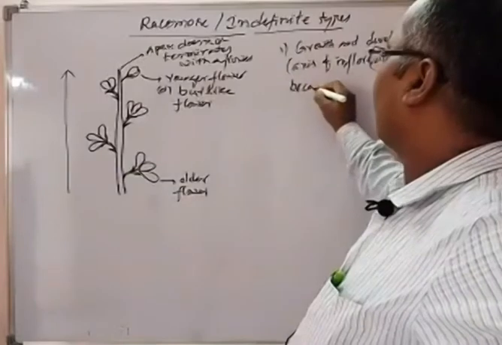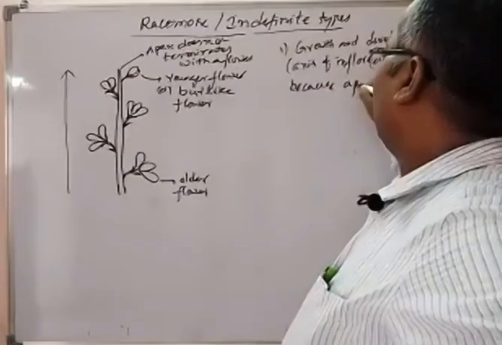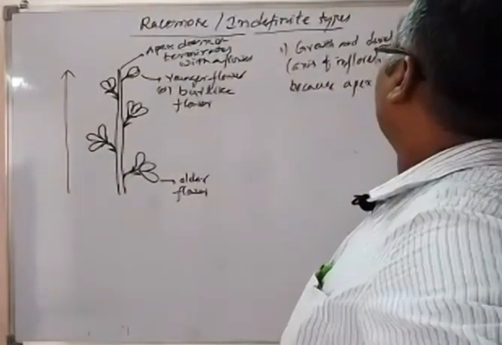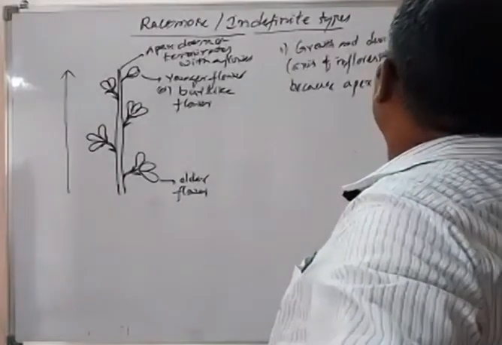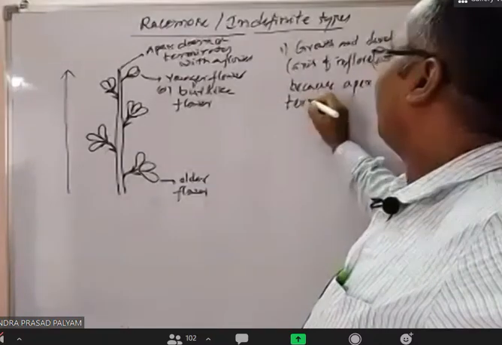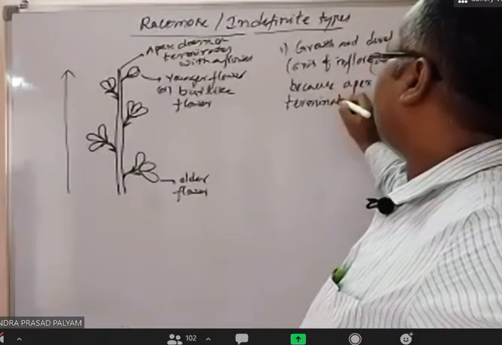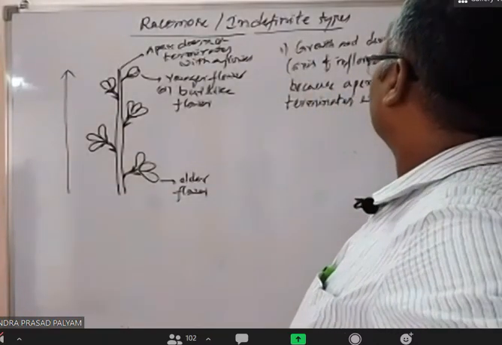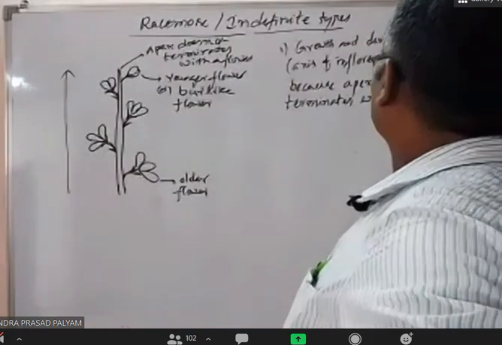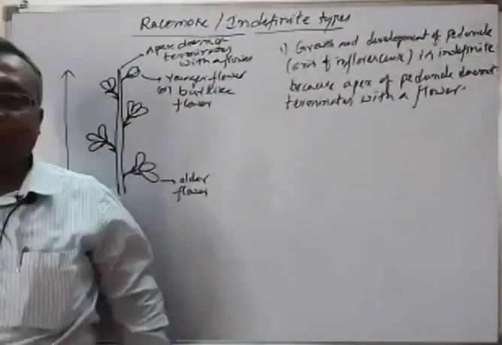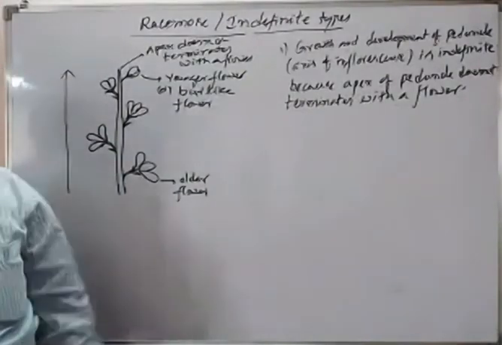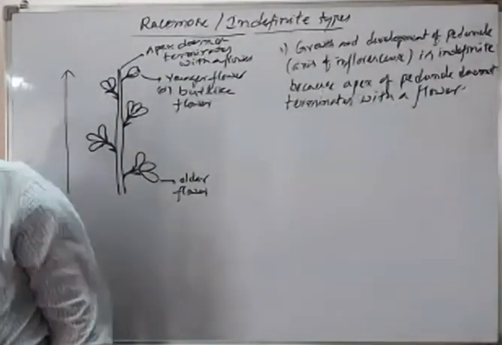Because the apex of the peduncle does not terminate with a flower. That is why it is called racemose type.